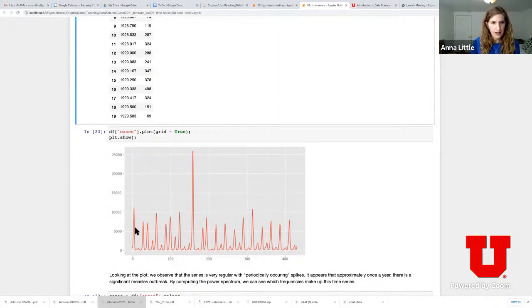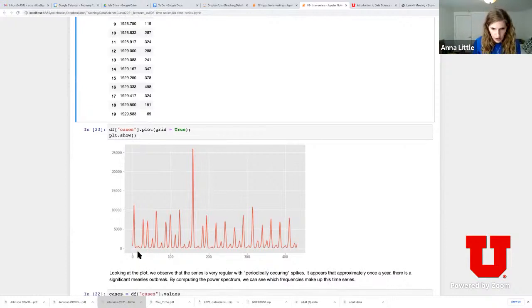Okay, so let's take a look here. If we plot these cases, you see lots of spikes, and they seem to be kind of equally spaced. There definitely seems to be some strong oscillation, some strong frequency patterns in this signal.